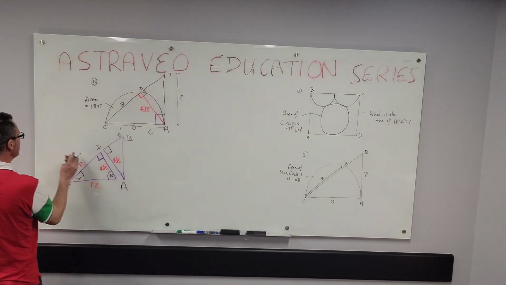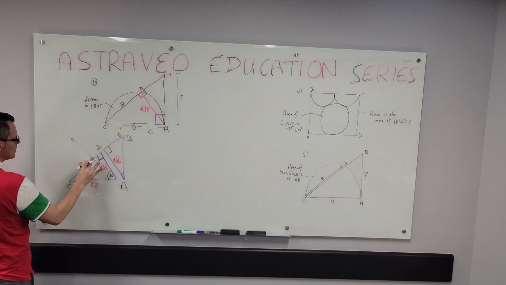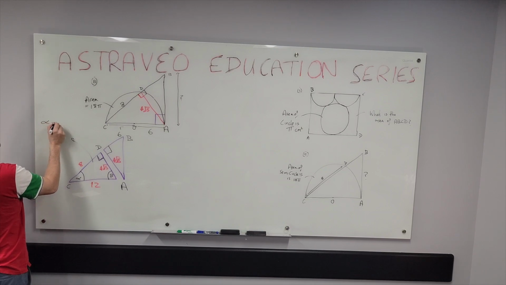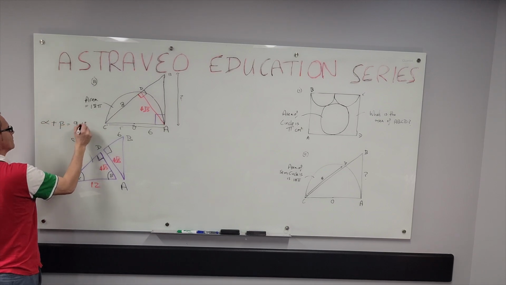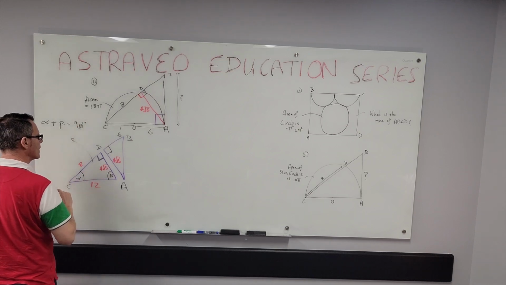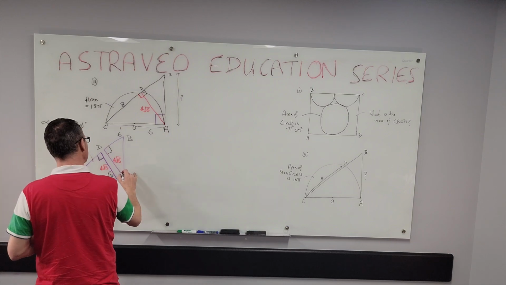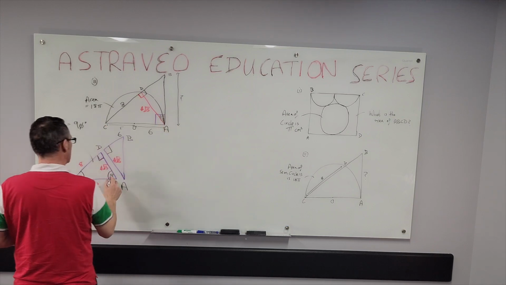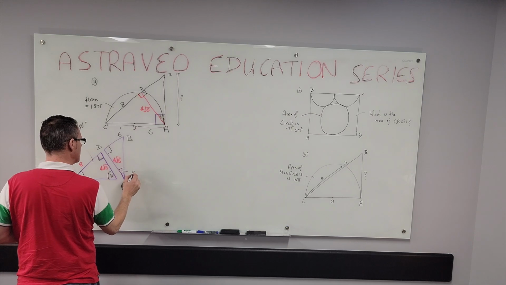Now we know the interior angles here because the interior angles must add up to 180, but we've already got a 90 degrees. So that means alpha plus beta must equal 90 degrees. So these two angles must be. Well, does that help us? Well, it does, because this angle here, if this is beta, this part here must be 90 minus beta.